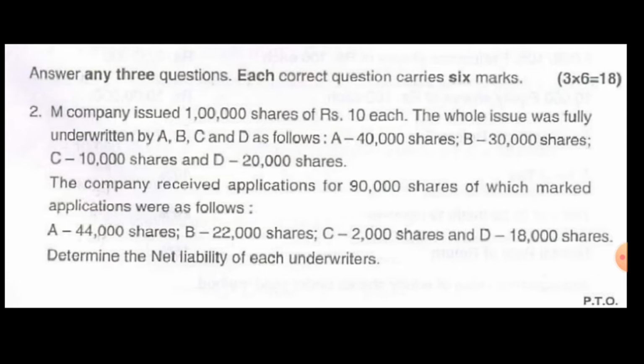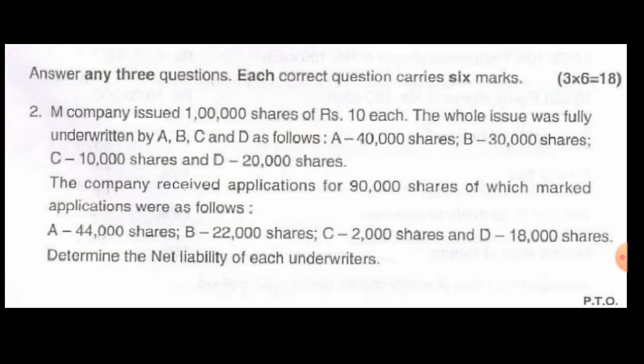Before doing the problem, first we have to identify whether it is complete underwriting, partial underwriting or firm underwriting. By seeing this problem, we can easily say that it is complete underwriting. How can I say that? 1 lakh shares they issued to the public.